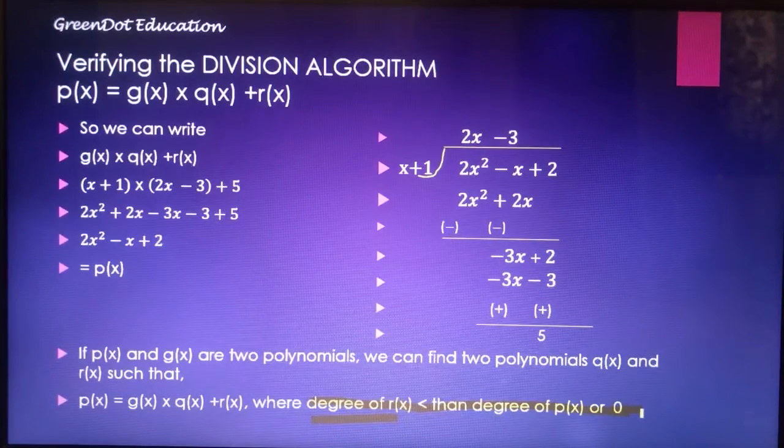Means these two conditions must be satisfied to complete the division algorithm. So this is about the division algorithm.